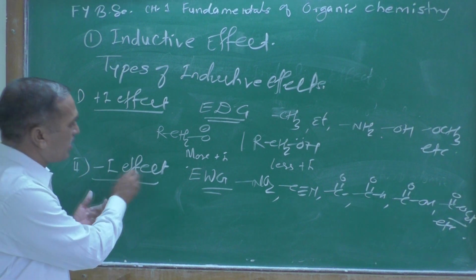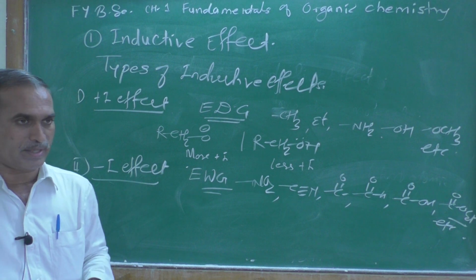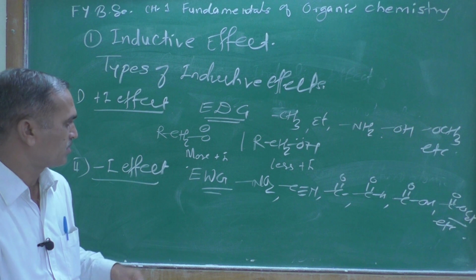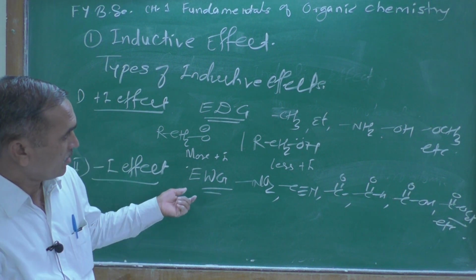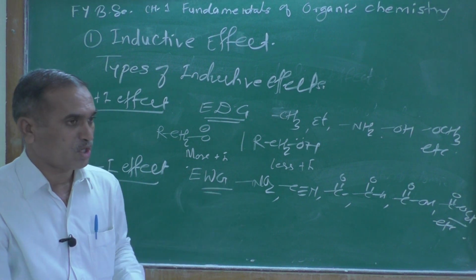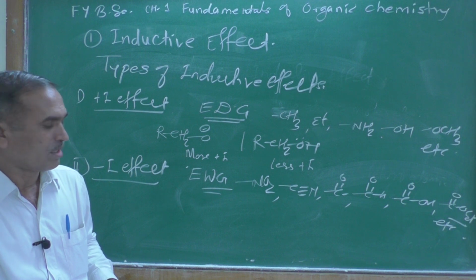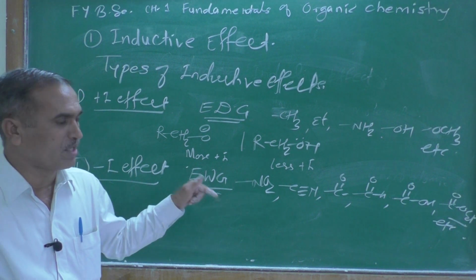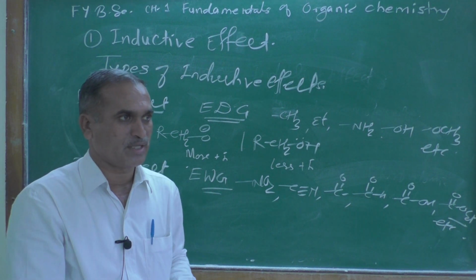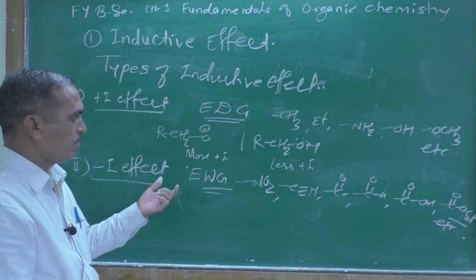Similarly, in the case of the minus I inductive effect, the group which contains an electron withdrawing group or a more electronegative element exerts more minus I effect than the other atom.